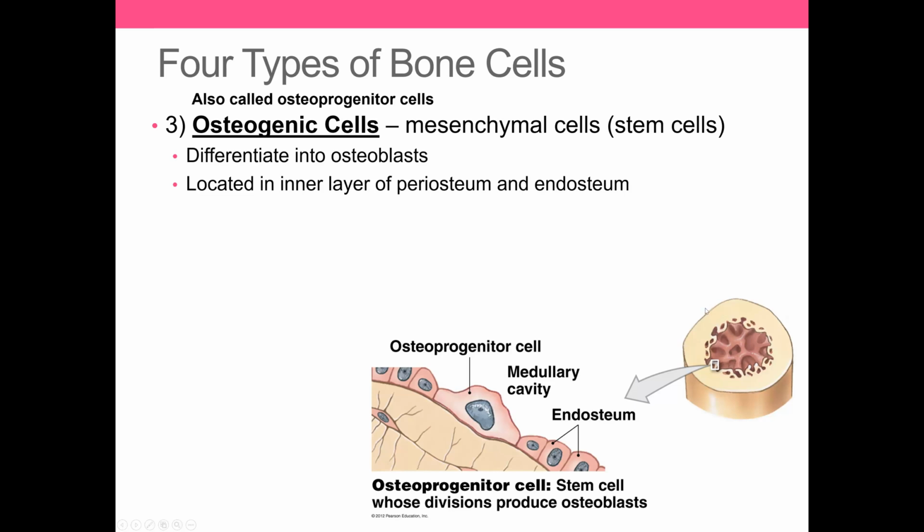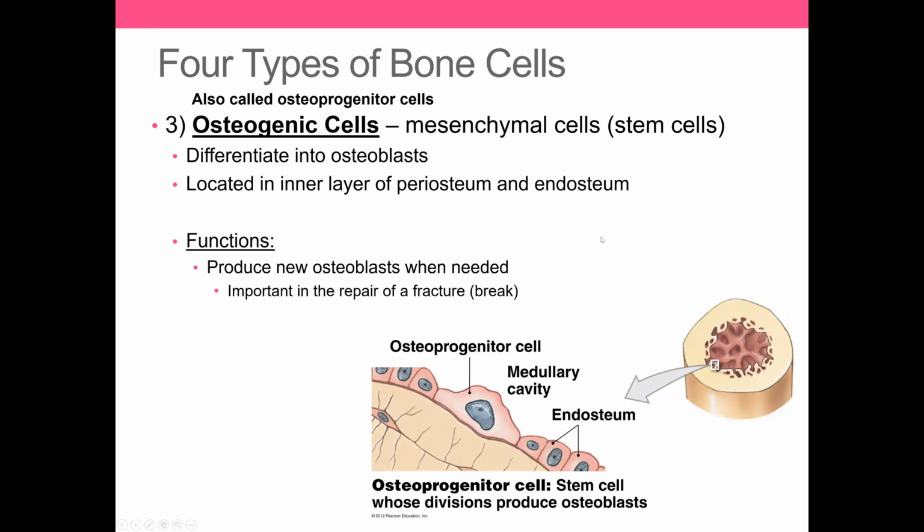And in both of these coverings, the periosteum and the endosteum, this is where you'll find your osteogenic cells, and they get activated once there is damage, and when they sense the damage, they become osteoblasts, which can then start making new bone. So they function to produce new osteoblasts when needed. These are very important in the repair of a break or a fracture to a bone.